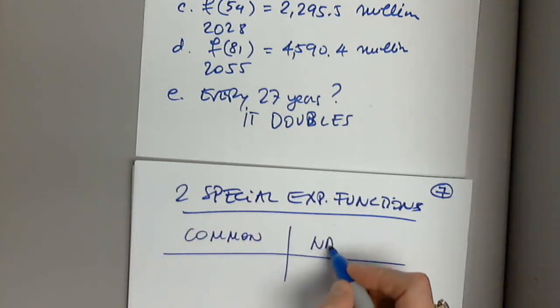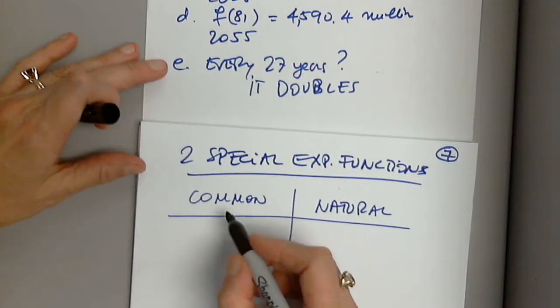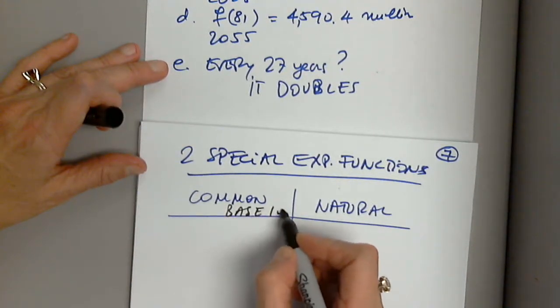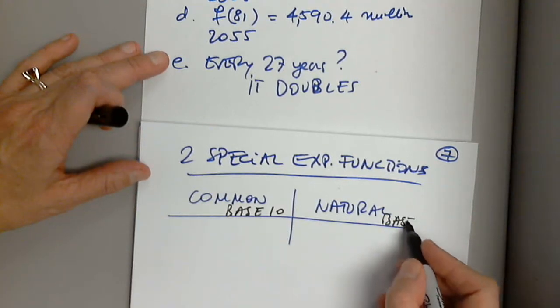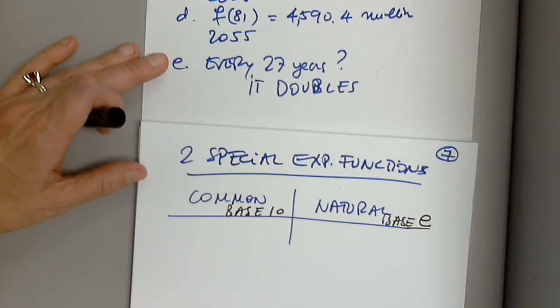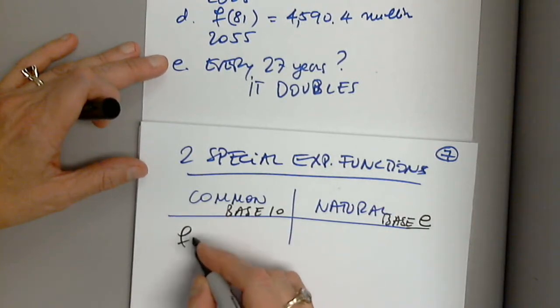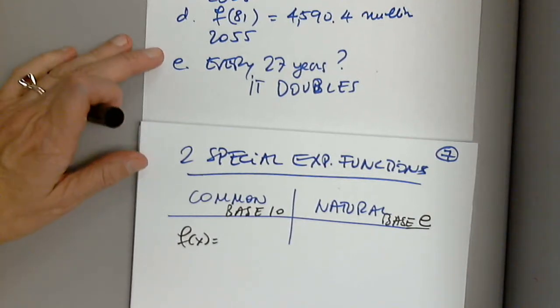The other one is called natural. Common exponential function, natural exponential function. The common exponential function has base 10. The natural exponential function has base e, Euler's number. Can anyone tell us how the common exponential function with base 10 will look like?